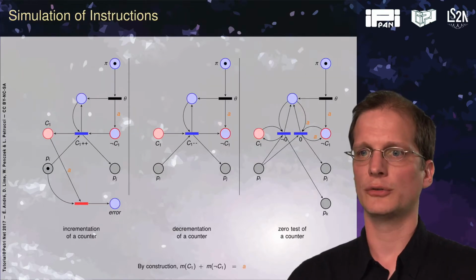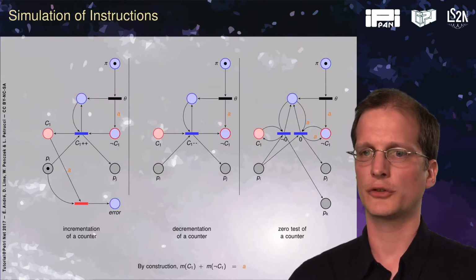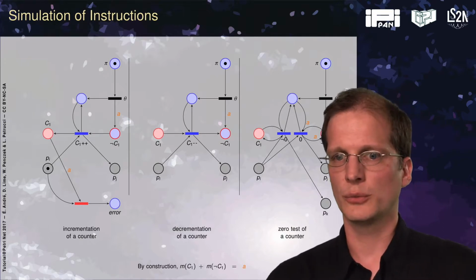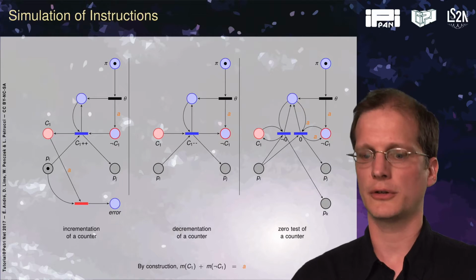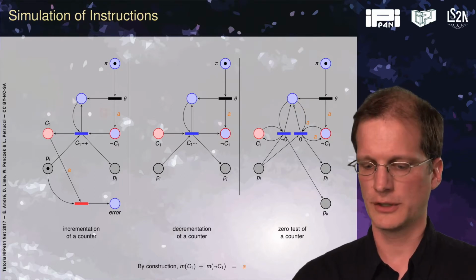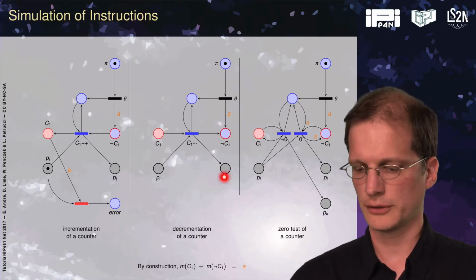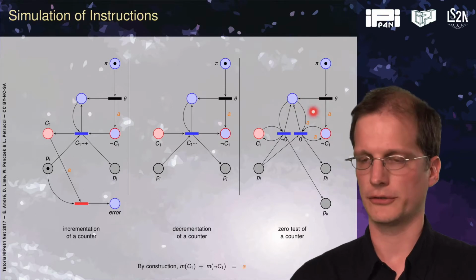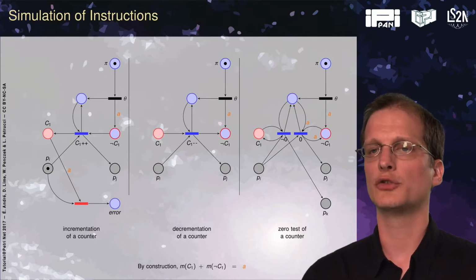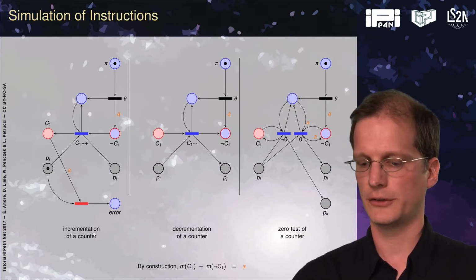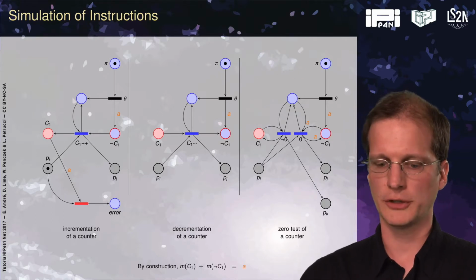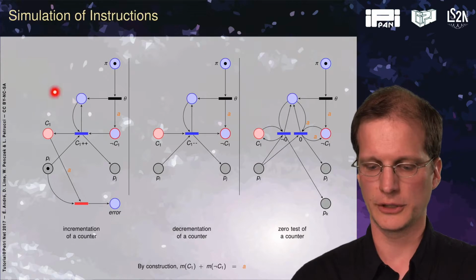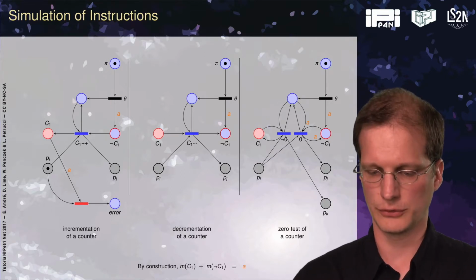So here is how the reduction works. We want to have widgets for incrementation of the counter. So this would be this widget, for decrementation of a counter, and for the 0 test of a counter. As usual with Petri nets, it's this part which is the most complex and the most interesting. But let us focus first on the increment, because we have several things to see here.